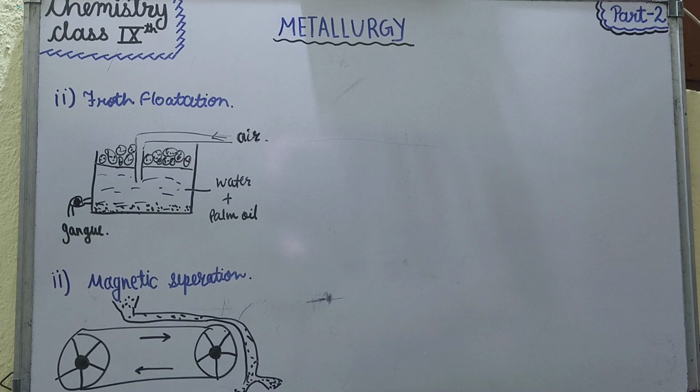And this is the magnetic roller. This is the magnetic particles and this is non-magnetic particles. We observe that the non-magnetic particles fall freely on reaching the end of the rotating wheel due to gravity. The magnetic particles move along the belt due to magnetic effect of magnetic wheels and fall separately at a distance from the non-magnetic particles as shown in this diagram.